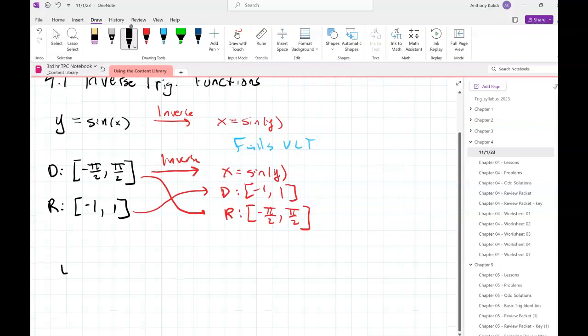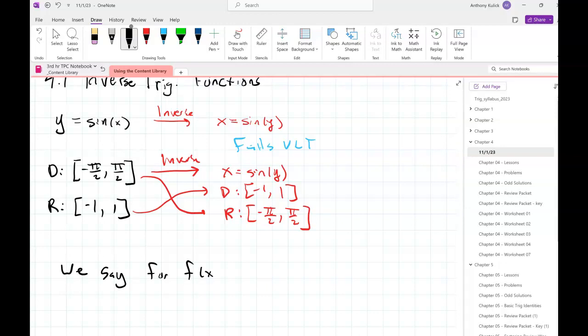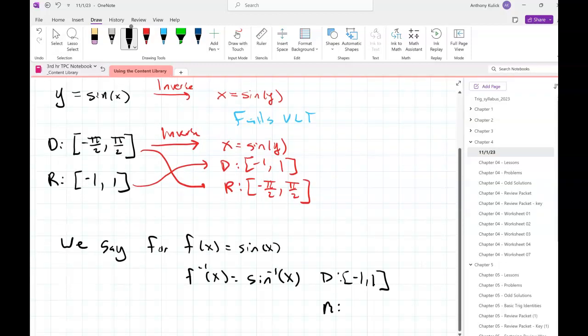So we say for f of x equals sine x, f inverse of x is going to be, we're going to write as sine inverse of x, where the domain is -1 to 1, but its range is -π/2 to +π/2.